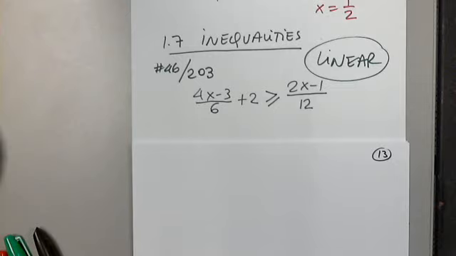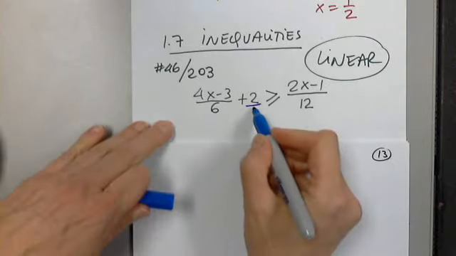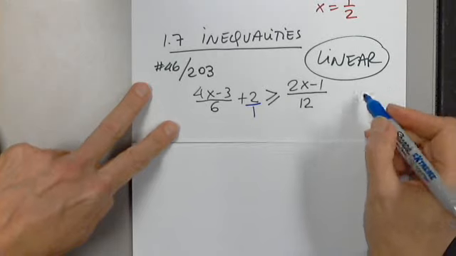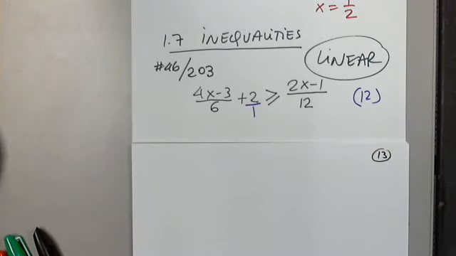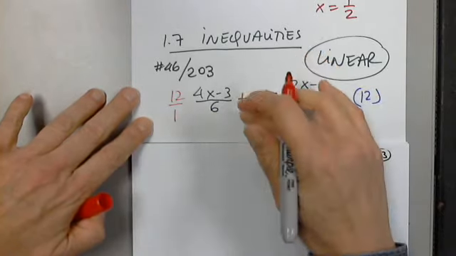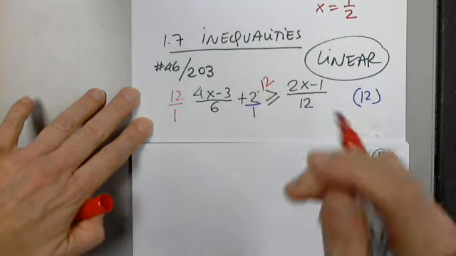The least common denominator. I see 3 denominators: 6, 1, and 12. And the least common denominator is? 12 is the least common denominator. Because they're fractions, I encourage you to write this: 12 over 1. This is okay because the denominator is 1.